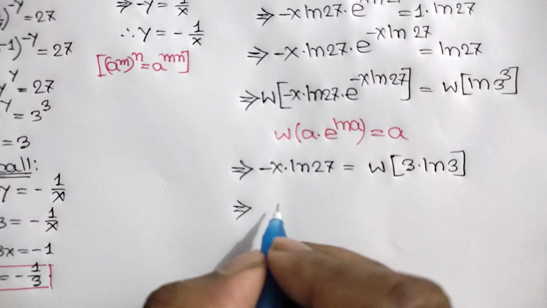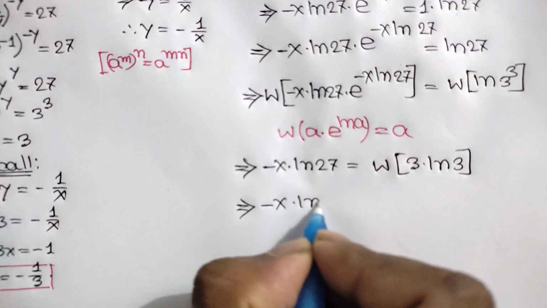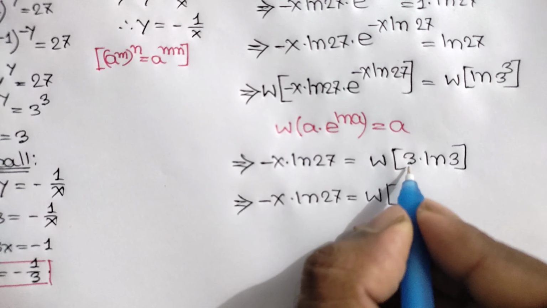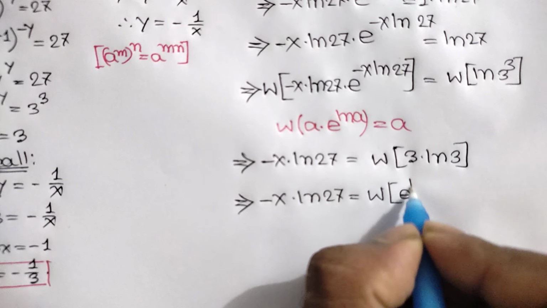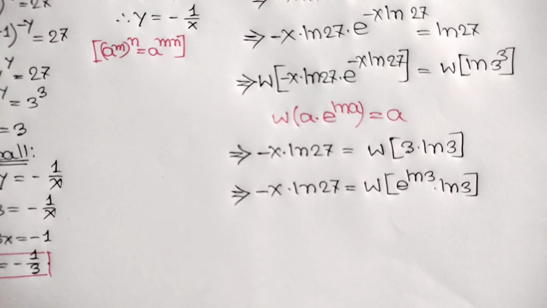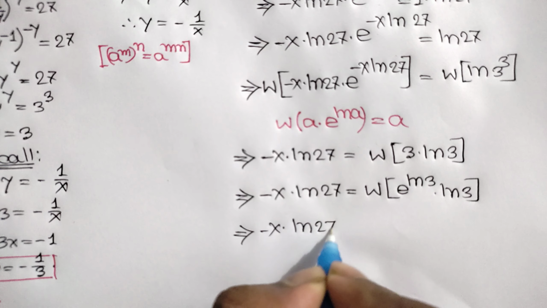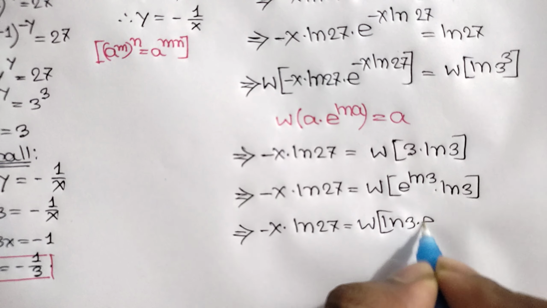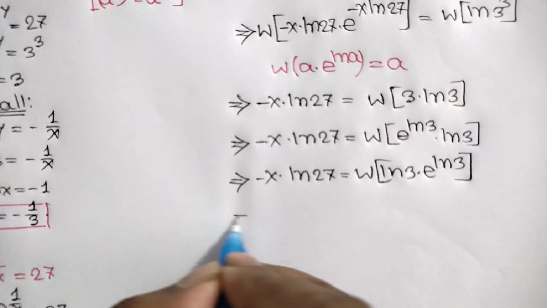Negative x times ln of 27 is equal to W of, and this 3 can be written as e to the power ln of 3, times ln of 3. So negative x times ln of 27 is equal to W of ln of 3 times e to the power ln of 3, which gives ln of 3.